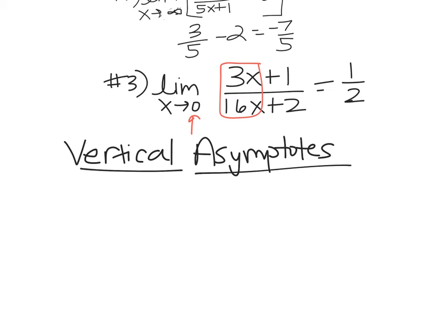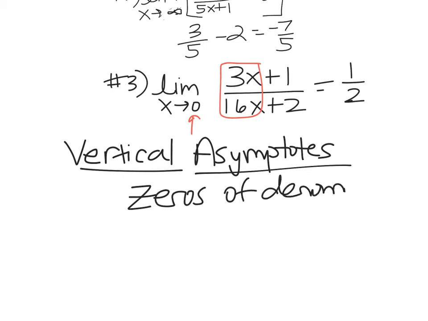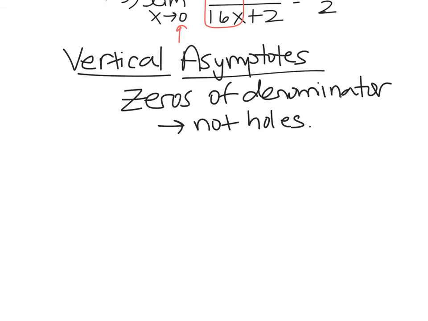All right, vertical asymptotes. Now, vertical asymptotes, if you remember, are the zeros of the denominator, as long as they are not holes in the graph. Remember the holes in the graph thing? We'll talk about that. As long as they are not holes. Okay? Zeros of the denominator.